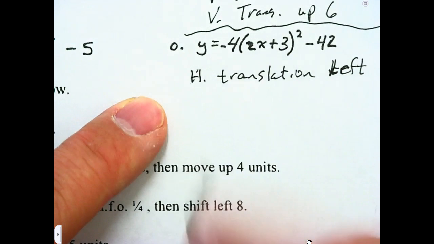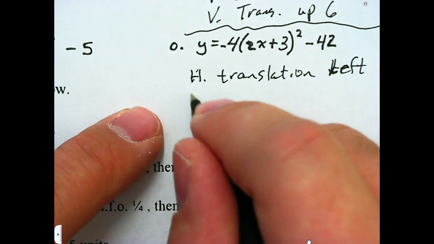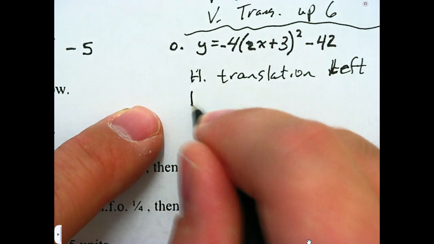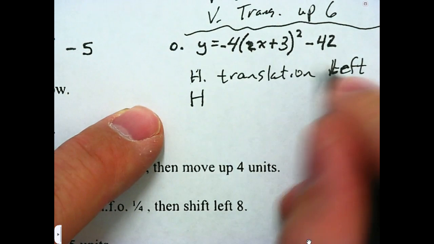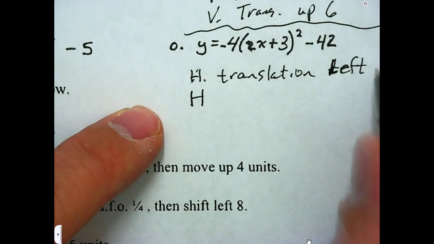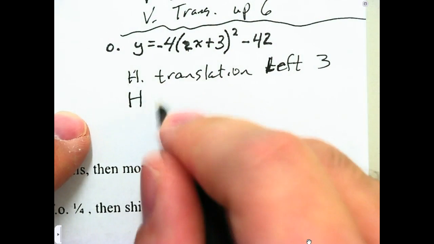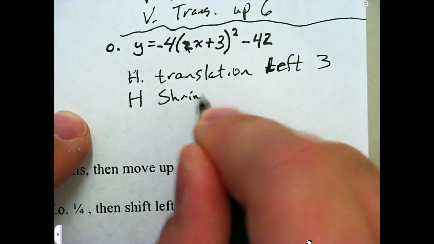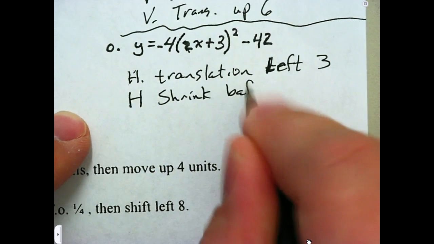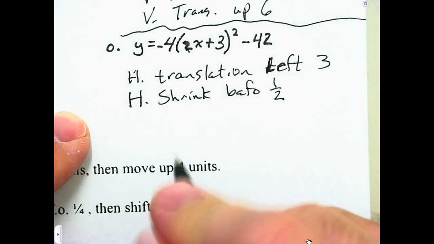Okay, to the left 3. What's next? Someone else. Nathan, what do you got? What does that give us? Horizontal. Stretch or shrink? Shrink. Factor of 1/2.